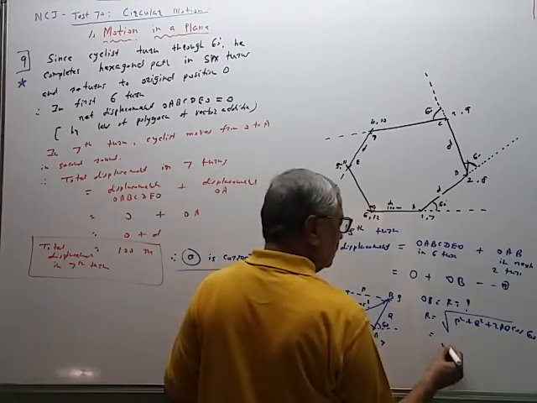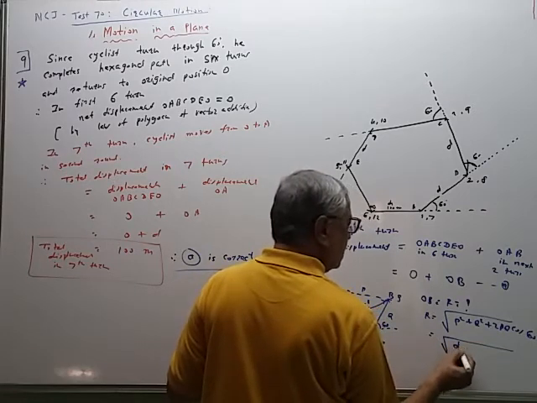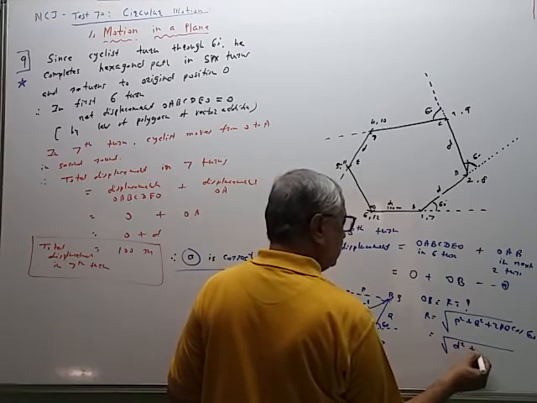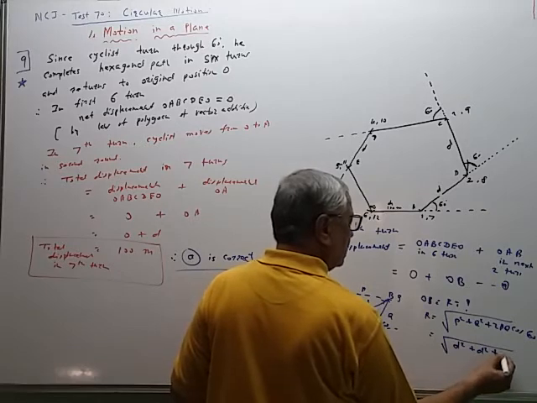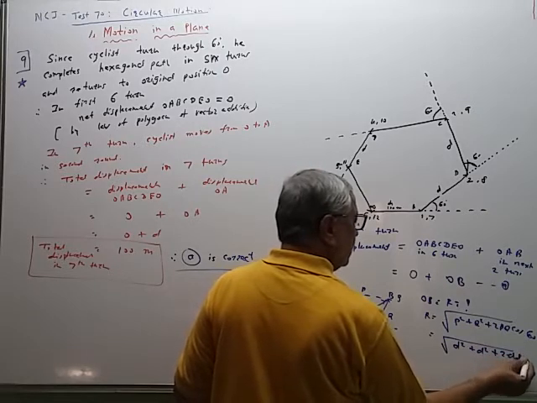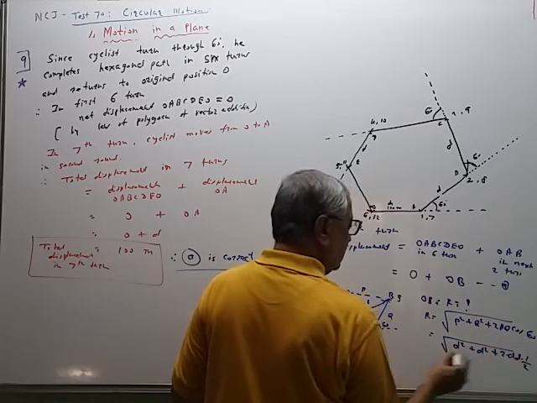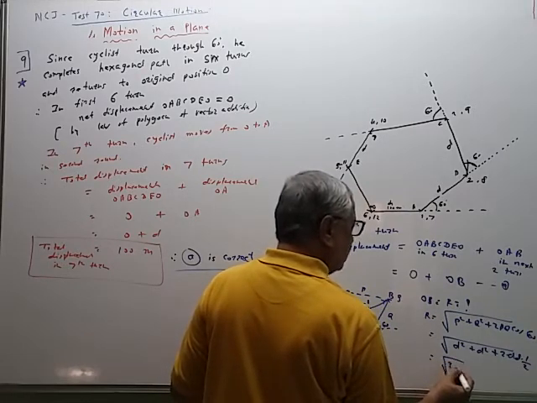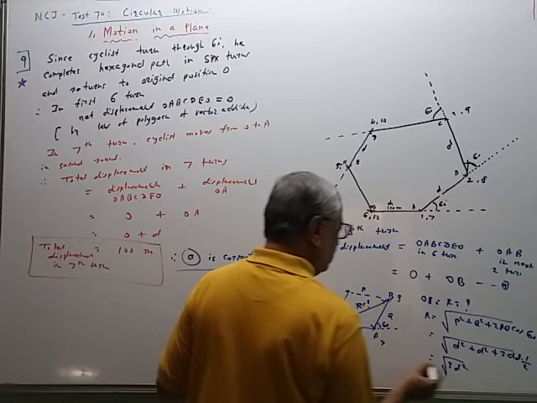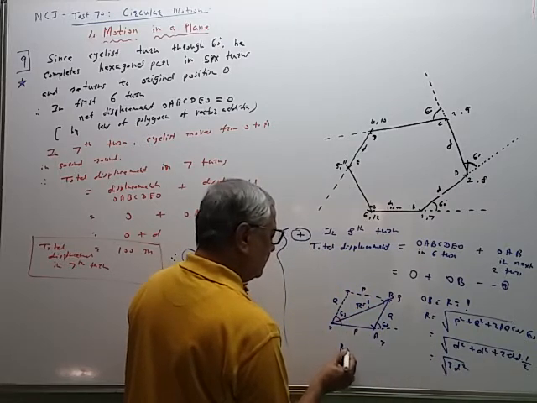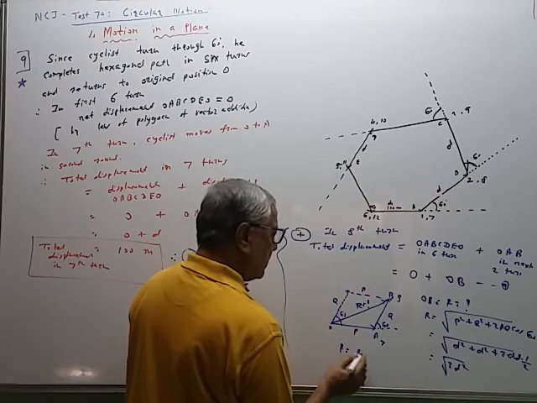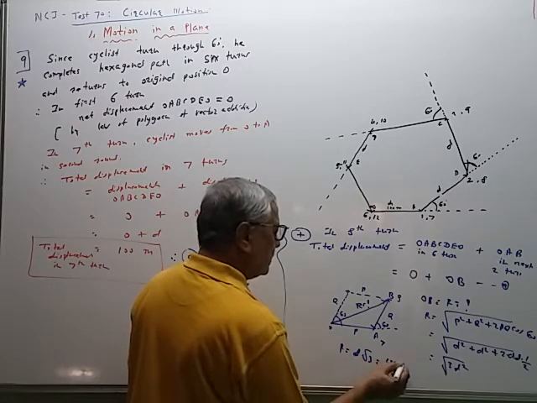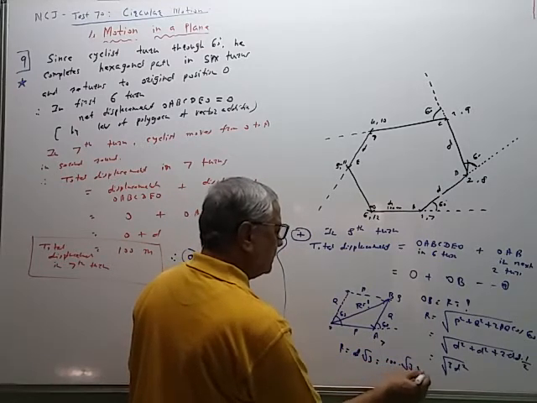Here P means D, so D square plus D square plus 2 into D into D into cos 60, which is 1 half. So this is equal to under root 3D square, and therefore R is equal to D multiplied by root 3. So 100 multiplied by root 3 meters.